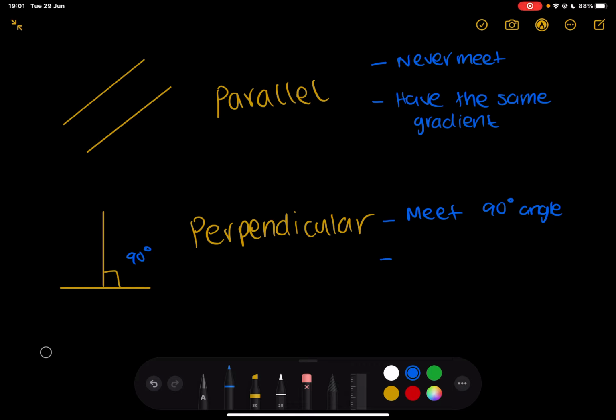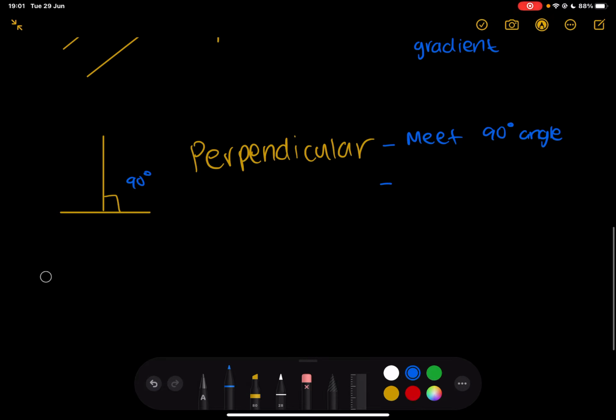And their gradients, when multiplied, equal -1. So let's say m1 is the gradient. Let's say this is line 1 and this is line 2.